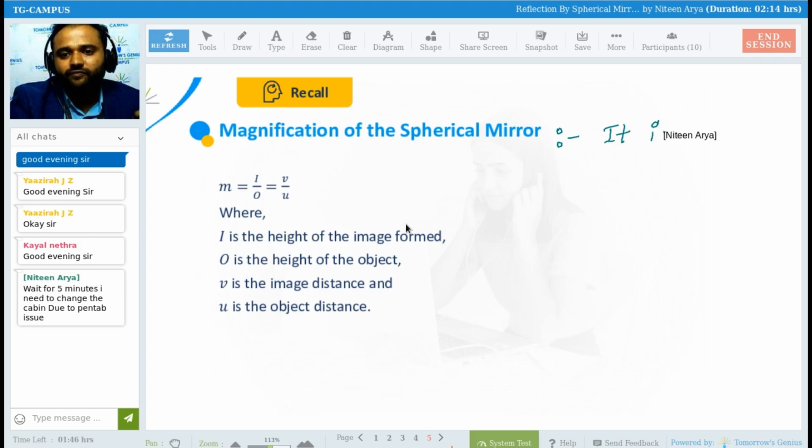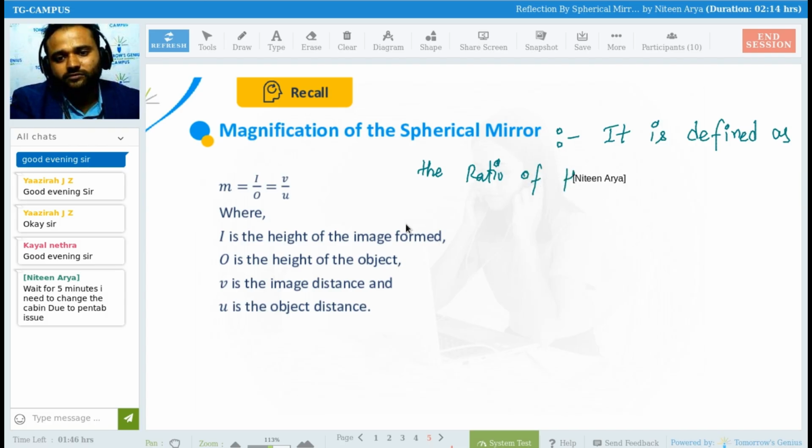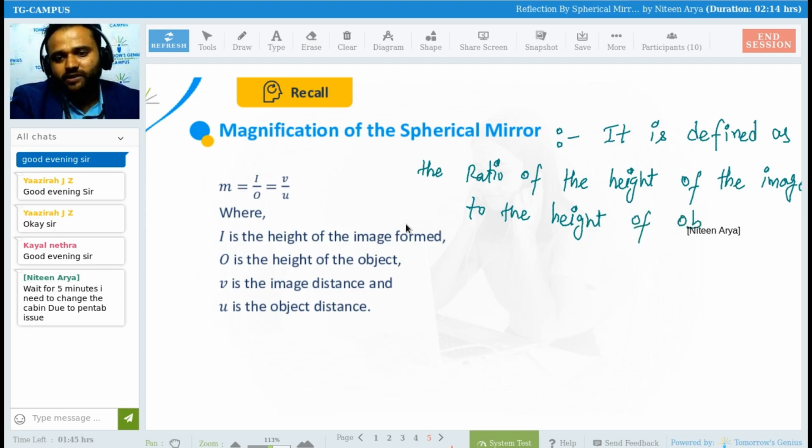It is defined as the ratio of the height of the image to the height of the object.